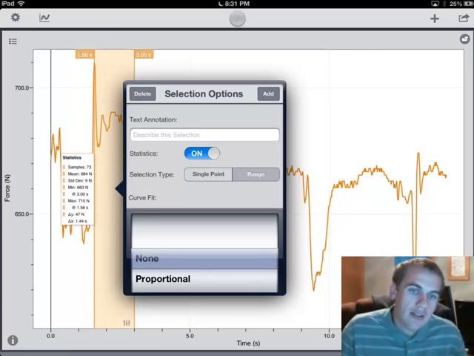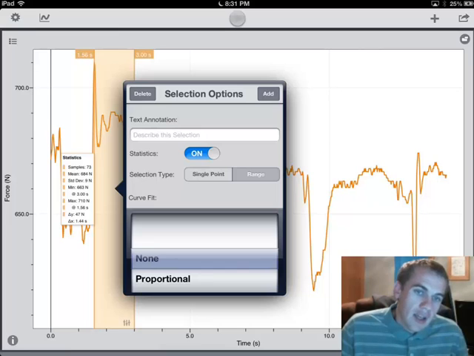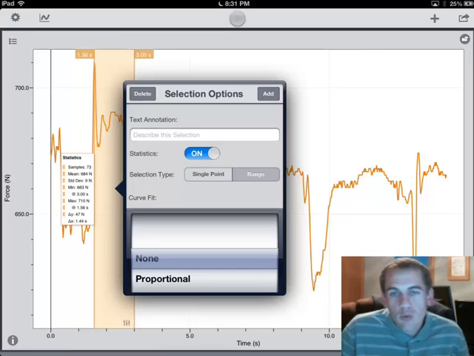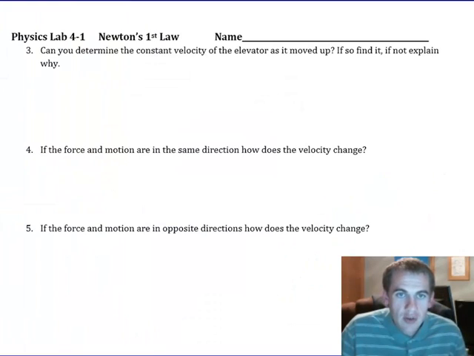So it's got a mean value of 684 newtons, and it's got a time of 1.44 seconds. Now what I'm really interested in is the time. The mean value we already got. We estimated it off the graph before. But this change in time, this 1.44 seconds, that's pretty handy.